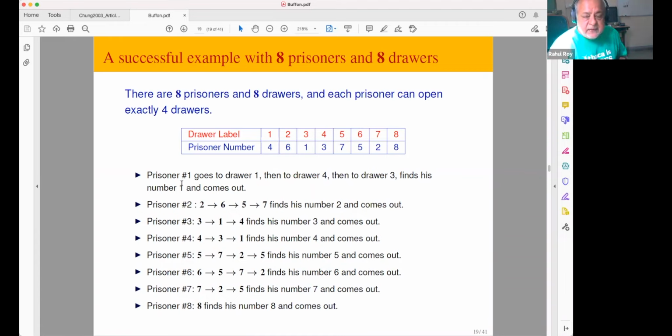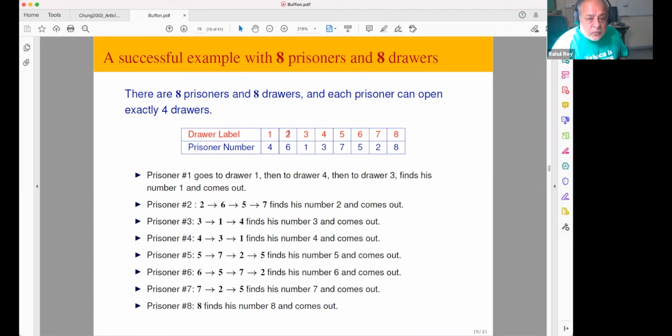Prisoner number 1 goes to drawer number 1, and in drawer number 1, he finds a number 4. Then he goes to 4. In drawer number 4, he finds a number 3. Then he goes to 3. In drawer number 3, he finds a number 1, and then he comes out. So he's got his number and he comes out.